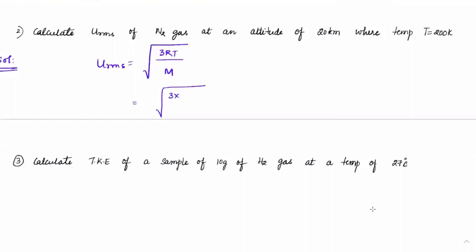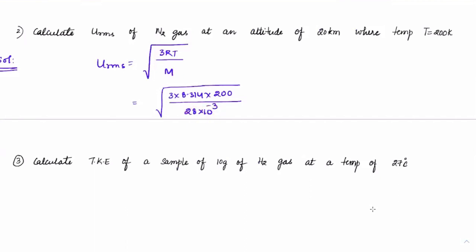So R should be 8.314, into temperature, which is 200, divided by the molar mass of N2, which is 28 grams per mole. I have to put it in kgs per mole, so this will become 28 into 10 raised to the power of minus 3. Just notice the units, that's all that is important here.